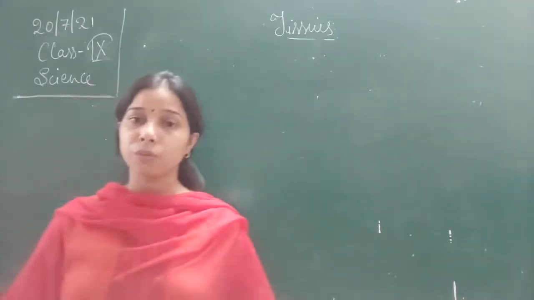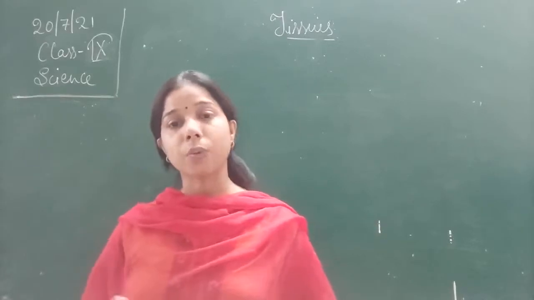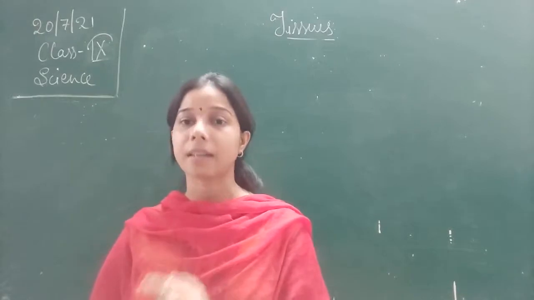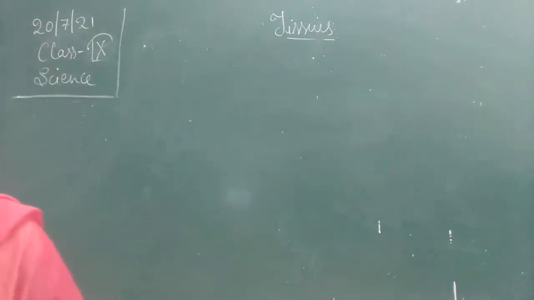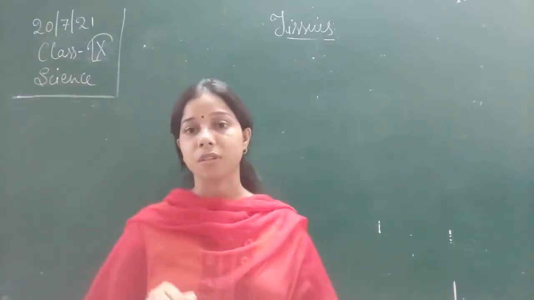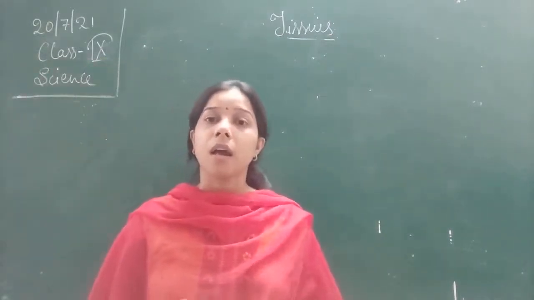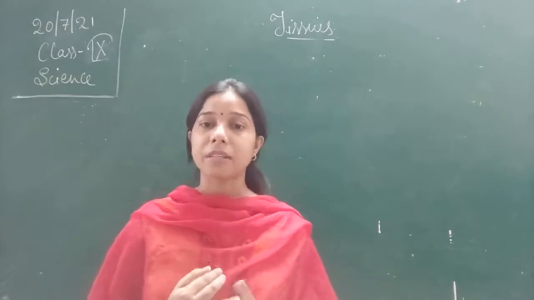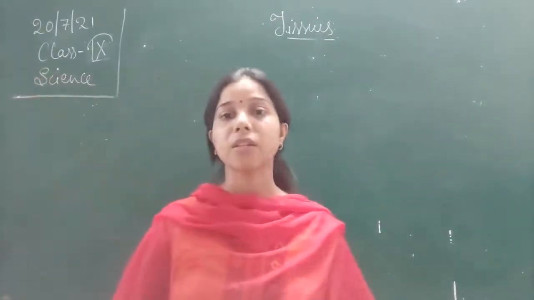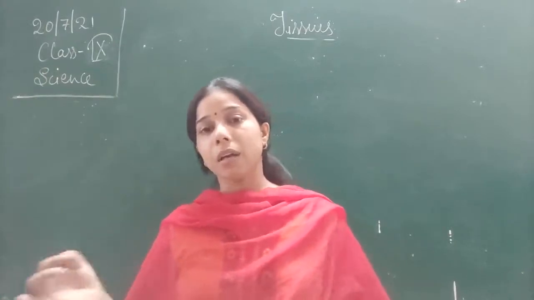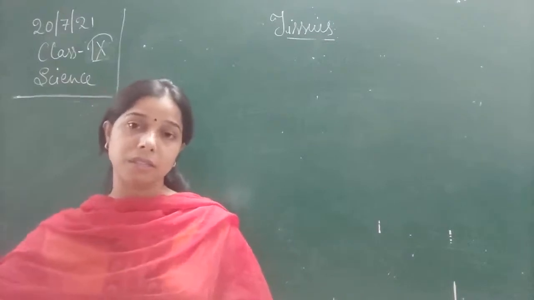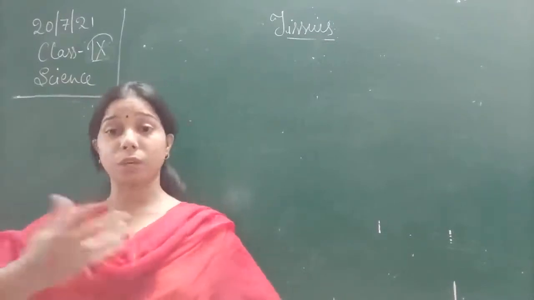So we have understood a few things here: what are xylem tracheids, what are xylem vessels, as well as xylem parenchyma and xylem fibers. In the case of tracheids and vessels, both of them are responsible for carrying the water. Tracheids are present in the gymnosperms, and the vessels are highly developed, consisting of elongated cylindrical structures placed one over the other.